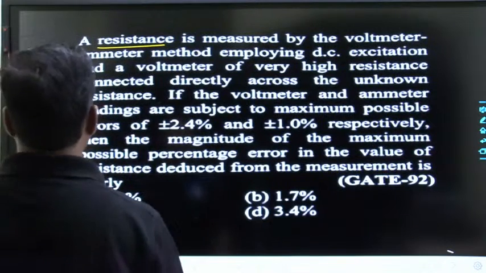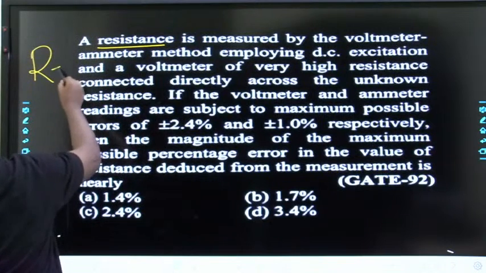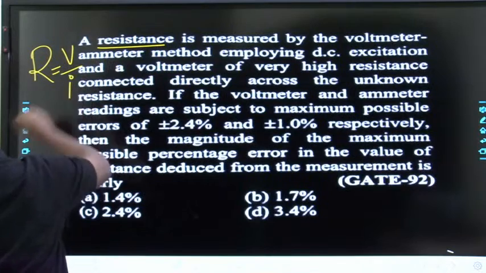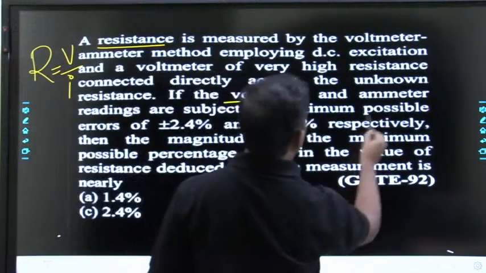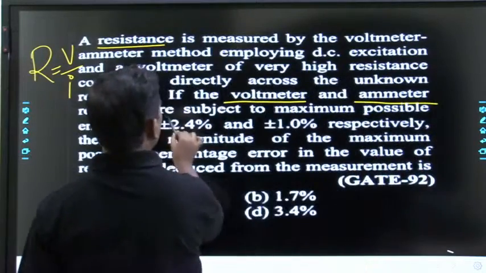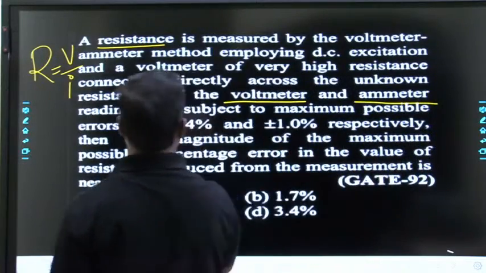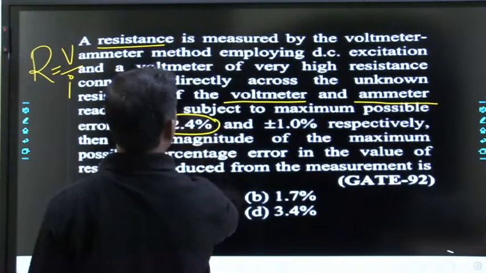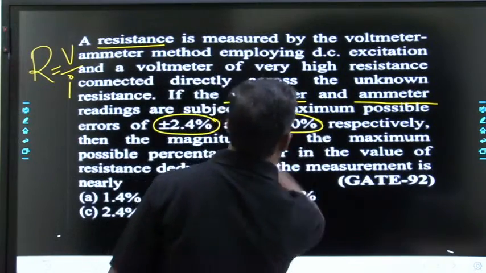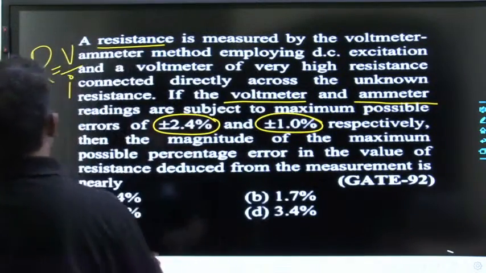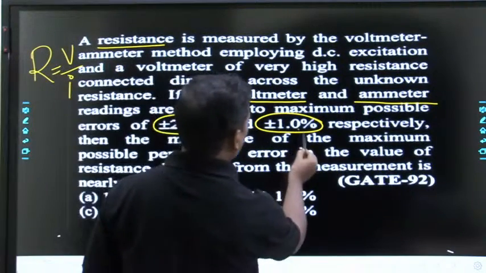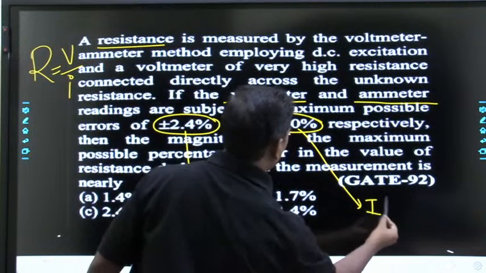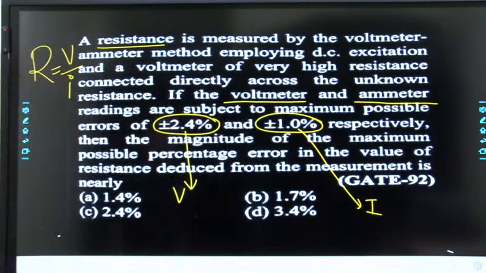So it is measuring a resistance R by using the VI method. If the voltmeter and ammeter readings are subject to maximum possible errors of 2.4% and 1% respectively. So how much is the error in the voltmeter? 2.4%. How much is the error in the ammeter? 1%. Then the possible percentage error in the value of resistance.